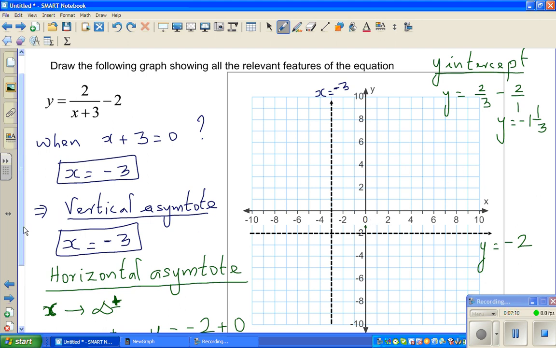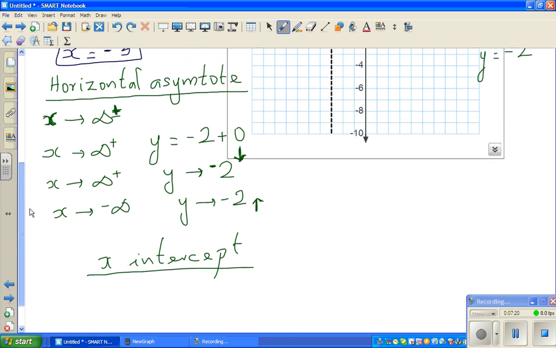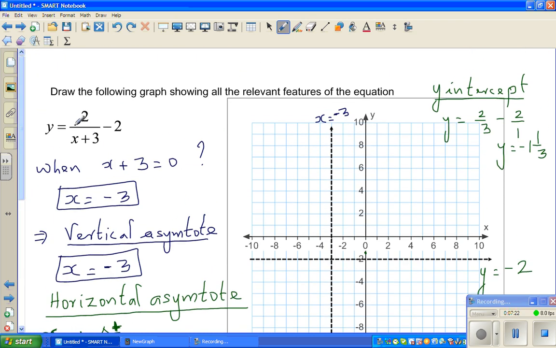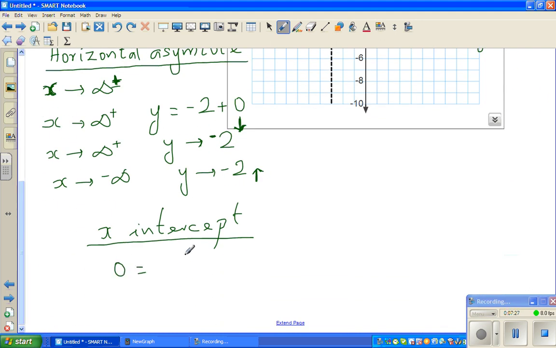What's your x-intercept? The x-intercept is when y is equal to 0. When y is 0, what will happen? 0 is equal to 2 over x plus 3, minus 2.